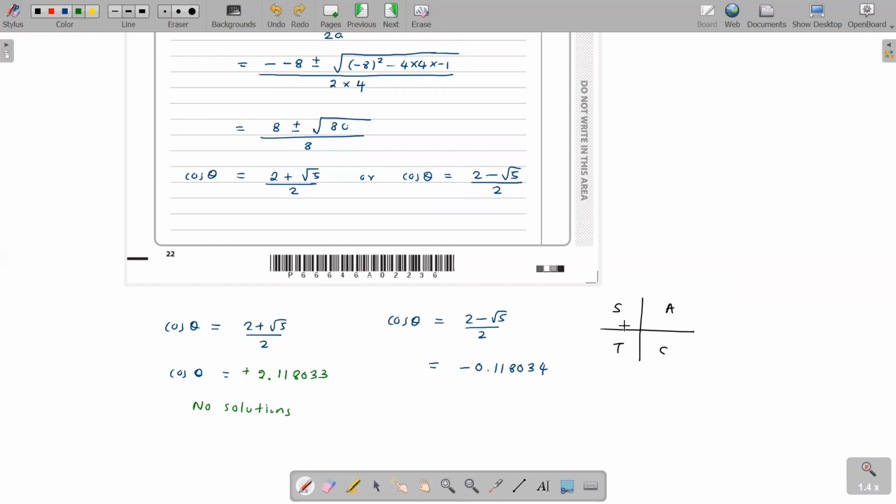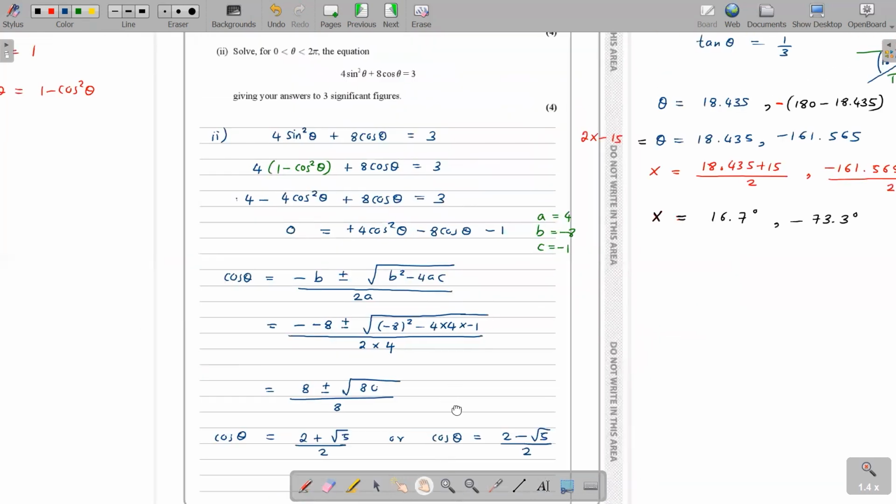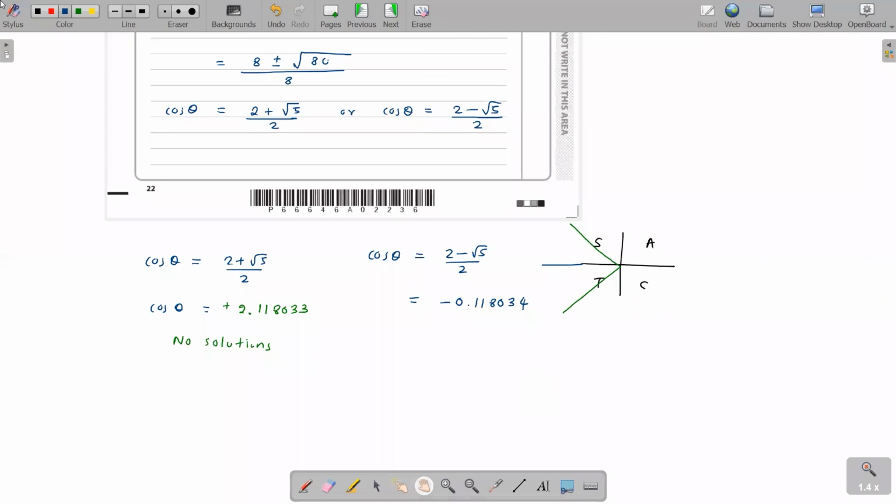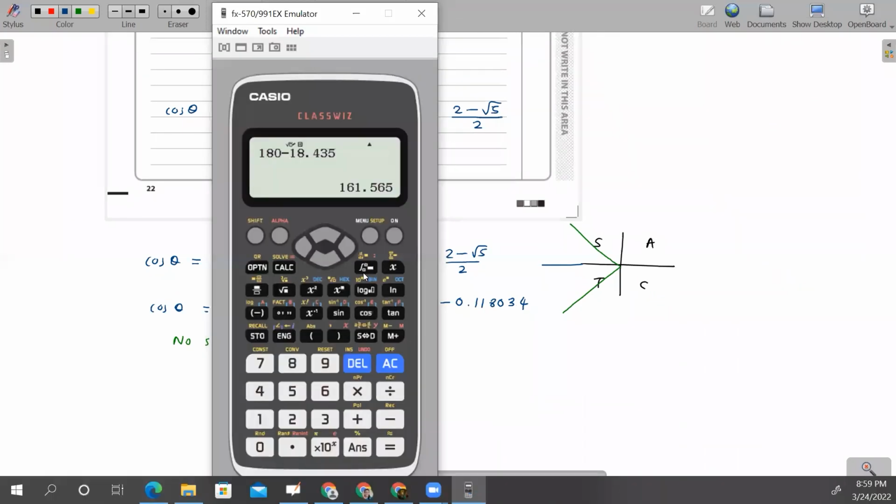So what are the quadrants where cos is negative? Sine and tan. When you're getting the acute angle, you don't give the negative. Just type cos inverse 0.118034. Your calculator should be in what mode? Here the question is supposed to be in radians. Do you see 0 to 2 pi? So the calculator must be in radian mode.